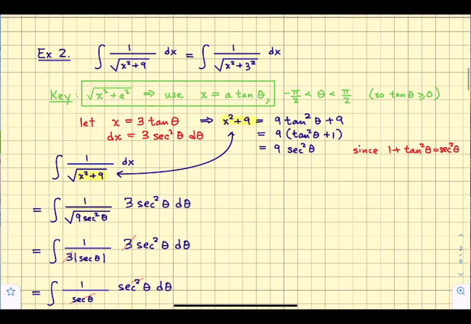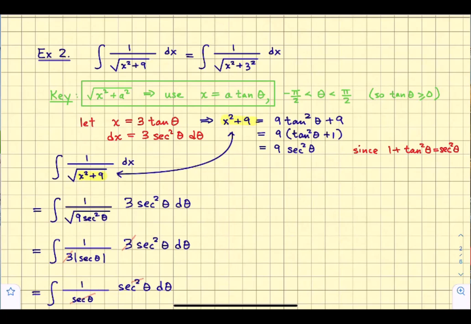Consider the integral of 1 over the square root of x squared plus 9 dx, which we can rewrite as the integral of 1 over the square root of x squared plus 3 squared dx. The key here is our integrand involves a term that looks like the square root of x squared plus a squared. When we see this, we want to use a substitution.